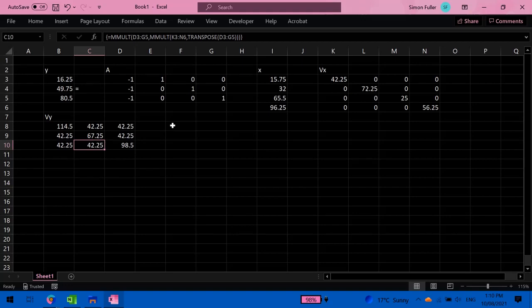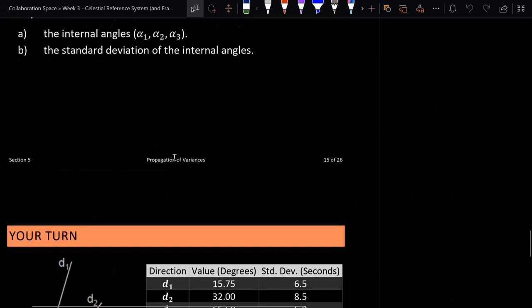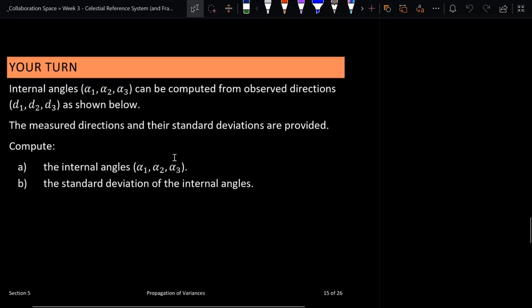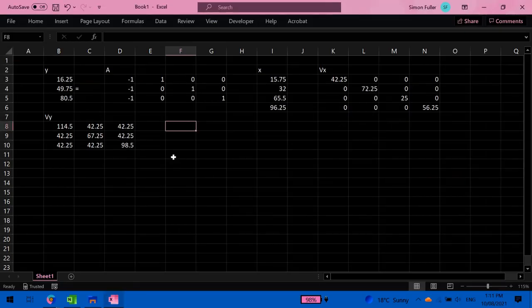Okay, so the question we were asked is actually to provide the standard deviations of the internal angles. So we don't have that yet. In order to calculate the standard deviations of alpha 1, alpha 2, and alpha 3, we need to take the square root of the diagonal elements here.